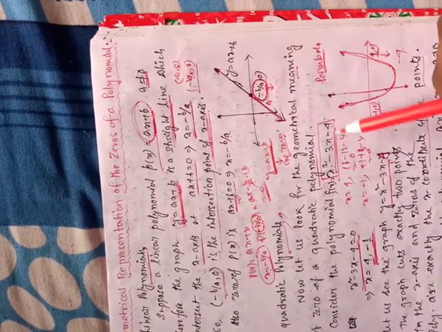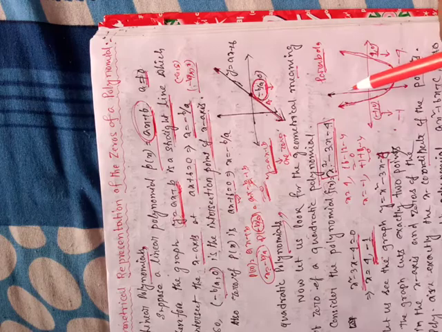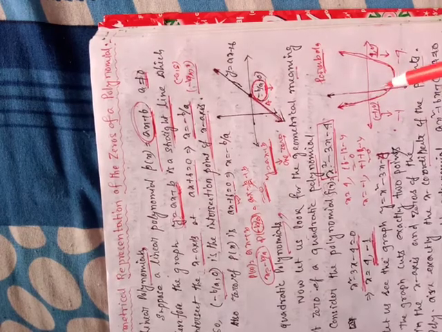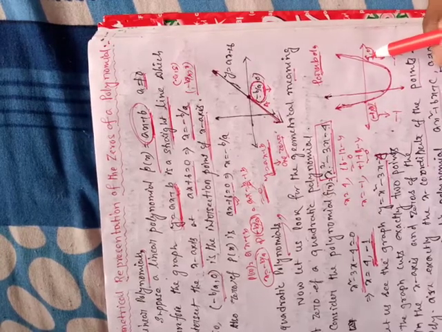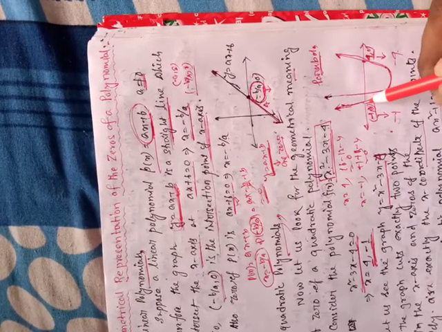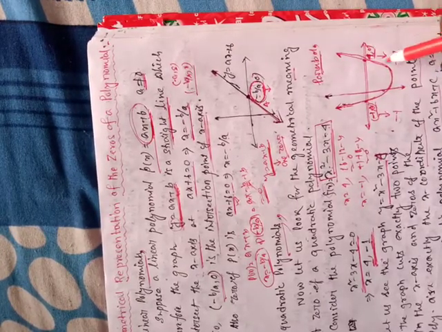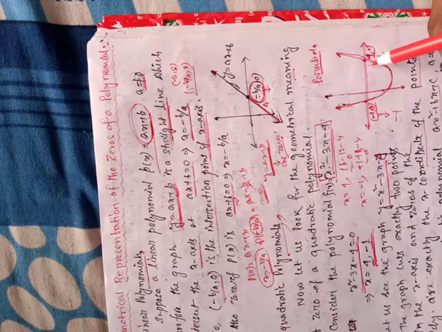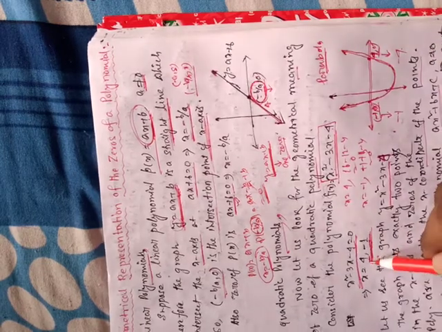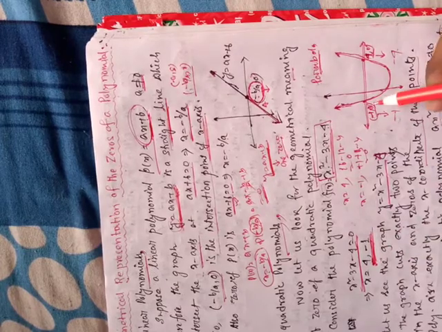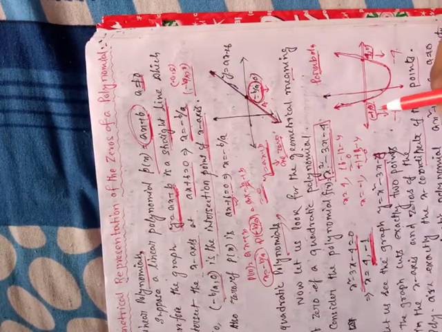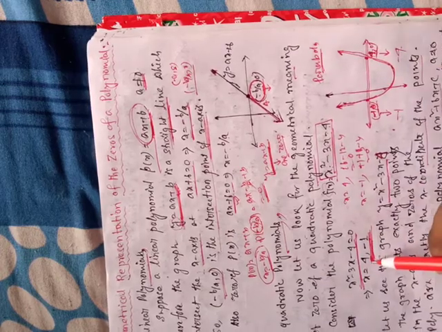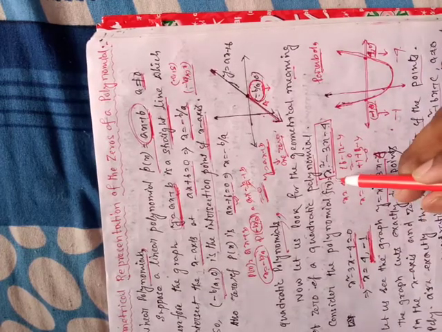And you can see this type of equation represents a parabola, and it cuts the x axis at the points (minus 1, 0) and (4, 0). So these are the two intersection points of this graph with the x axis. The x coordinates of these two points are minus 1 and 4, and similarly minus 1 and 4 are the zeros of this polynomial.